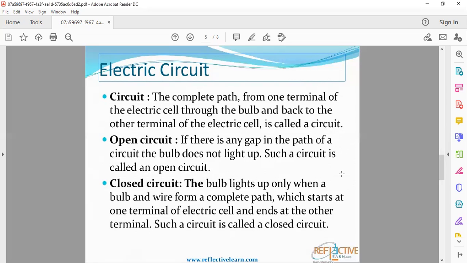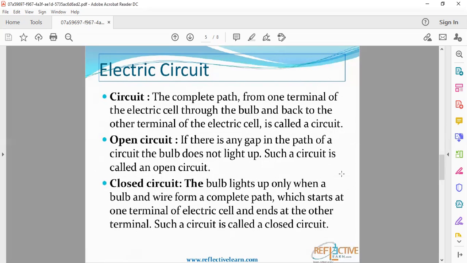Such a circuit is known as an open circuit. Open circuit means there is a gap, the circuit is not complete and the electricity is not flowing through it.